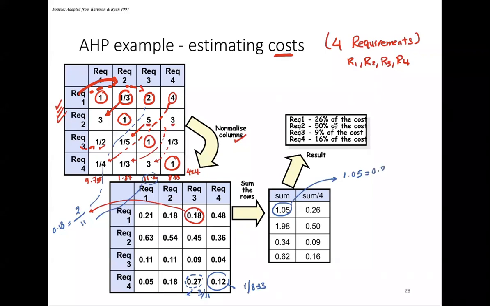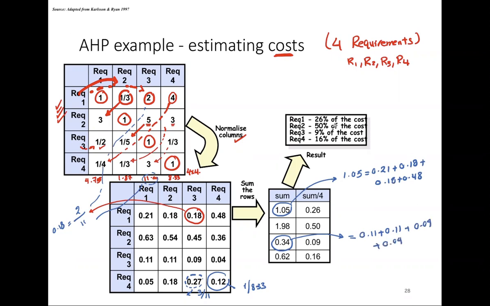So this is 0.21 plus 0.18 plus another 0.18 plus 0.48, which gives you the 1.05. On the other hand, let me show another example, 0.34. This equals 0.11 plus 0.11 plus 0.09 and 0.04.